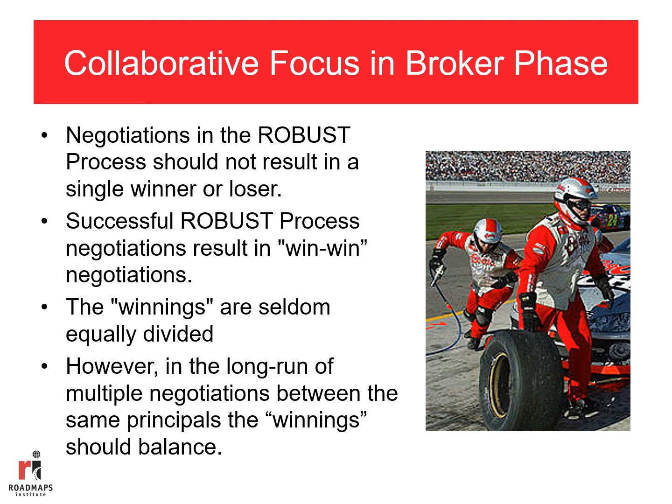In other words, over, say, 10 projects, we would prefer that the winnings balance out. And we believe that is indeed possible if you negotiate in relatively good faith. But on a project-by-project basis, the winnings are seldom equally divided.